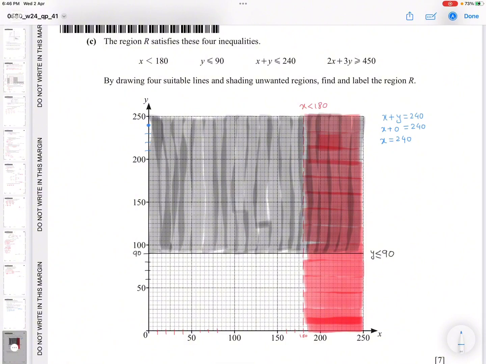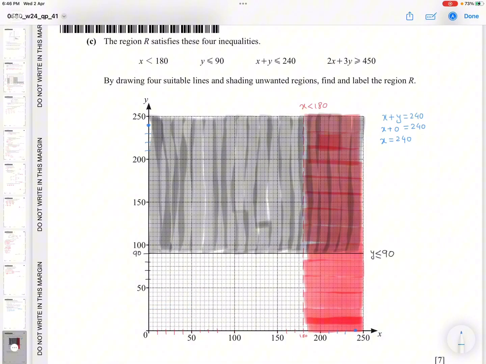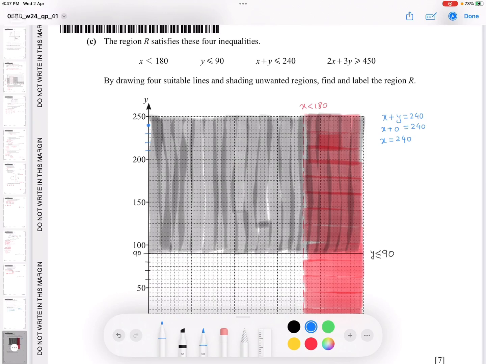So let's see on the graph, where is my x 240? Here is my x 240 and y 0. We will draw a line here.